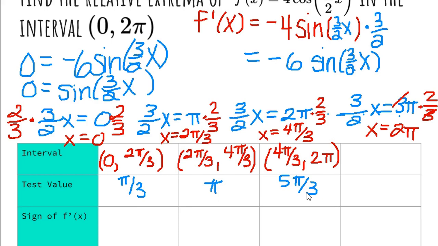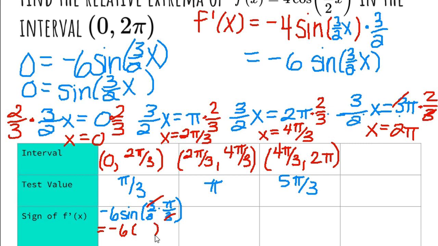So f prime of pi over 3 is -6 sine of 3/2 times pi over 3. So that's a 3 over 2, if you can't read, my 2 looks bad. The 3's cancel, and so I get -6 and then sine of pi over 3.